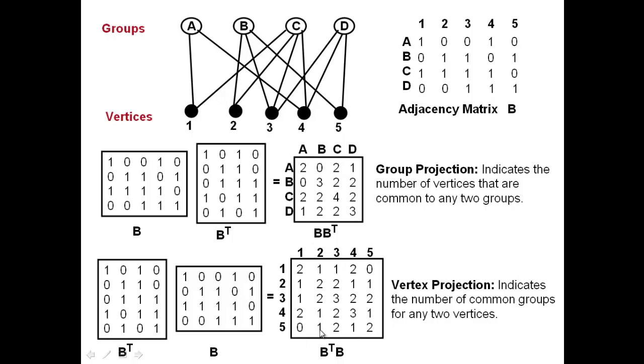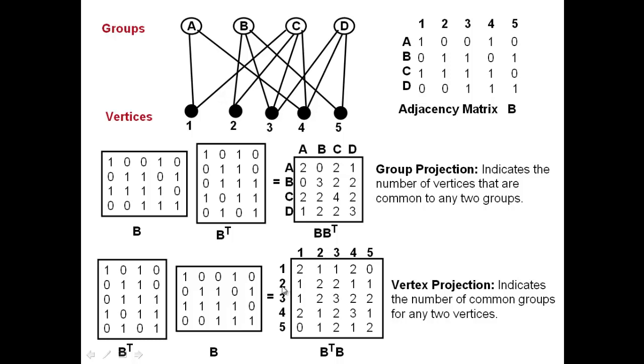It's also what you call a symmetric matrix because it's undirected and the vertices are affiliated to other vertices. So if 2 and 5 are affiliated with some group, it's the same as telling 5 and 2 are affiliated with that group. So that means row 2, 1 1 2 0 is going to be the same as column 2, 1 1 2 0 with respect to vertex 1.